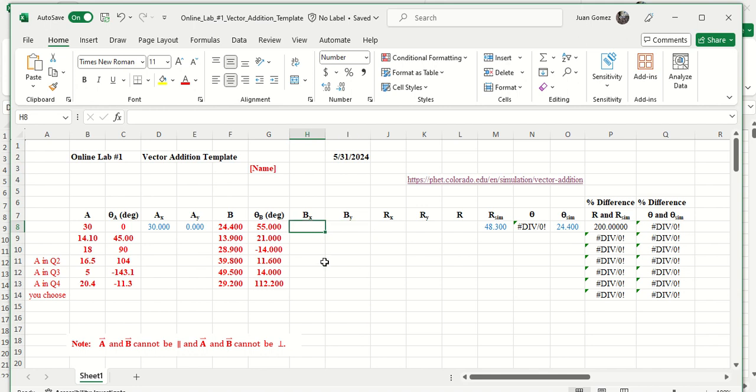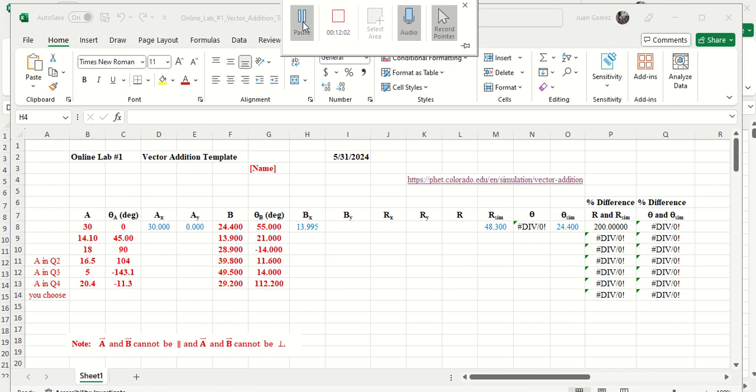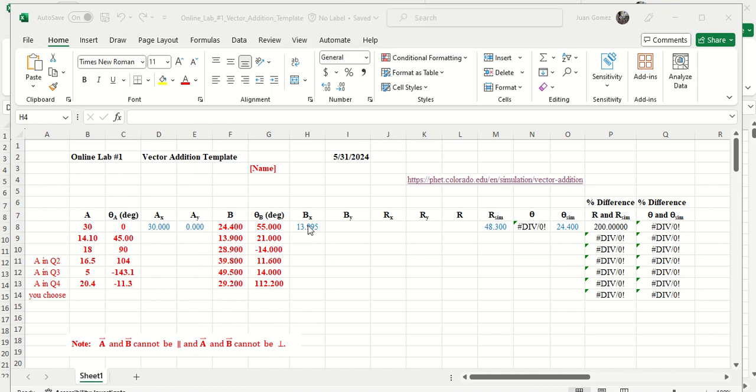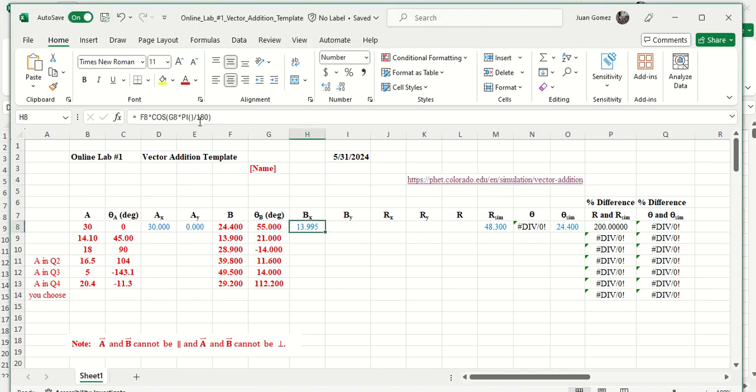I accidentally hit delete. Let me pause this for a second. Okay, so now for BX, I've entered the formula. It's F8, because F8 is the magnitude of B, times the cosine of G8, where G8 is theta B, times pi over 180, because again I have to convert to radians. So I get BX is 13.995.